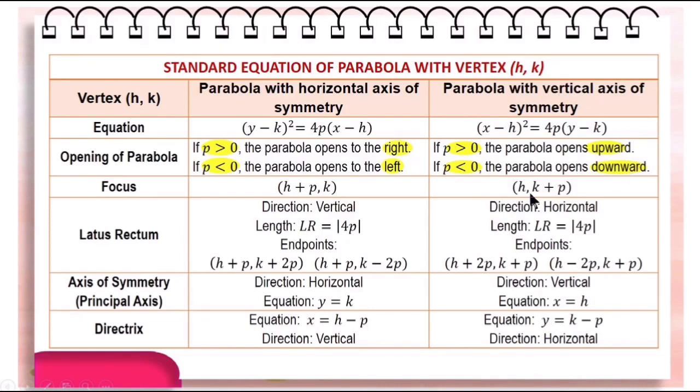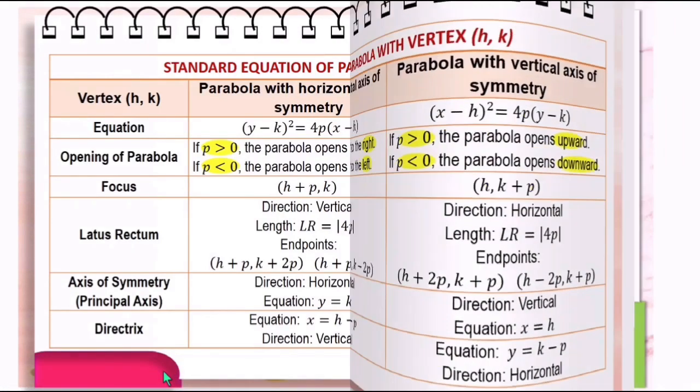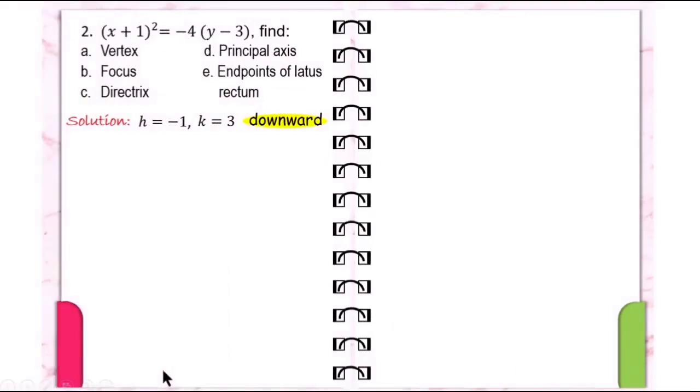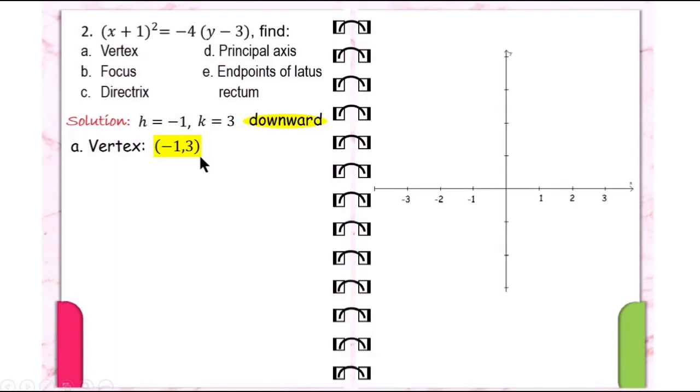So we again find the focus, the endpoints, the axis of symmetry, and the directrix. Since h equals negative 1 and k equals 3, the vertex is (negative 1, 3). Let us locate (negative 1, 3) on the Cartesian plane, and point (negative 1, 3) is in the second quadrant.